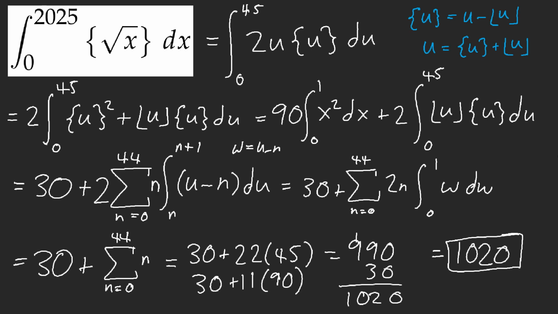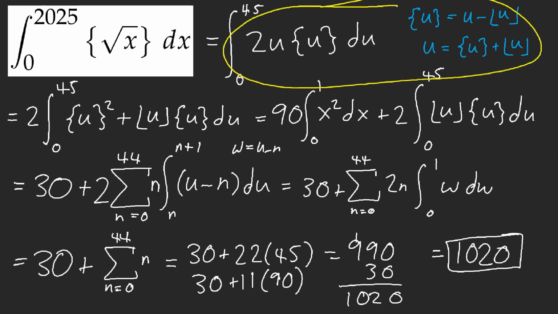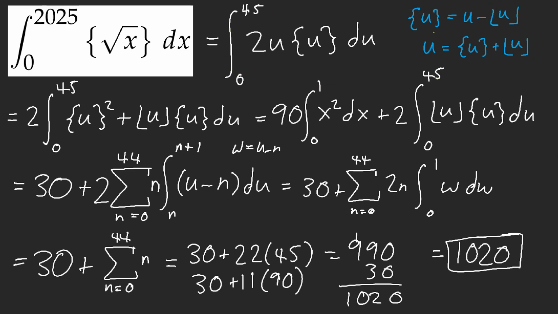Now, obviously, the sneakiest thing was this part here. This is not intuitive. Turning this into this is not intuitive. This is the sneakiest part here. That's not something that we usually do. But now you know.